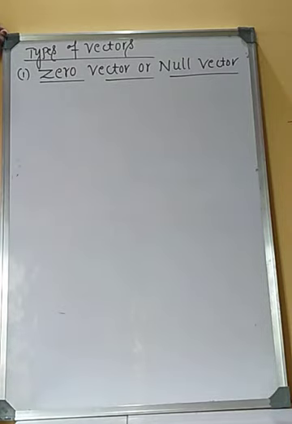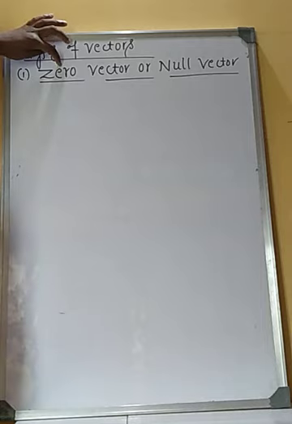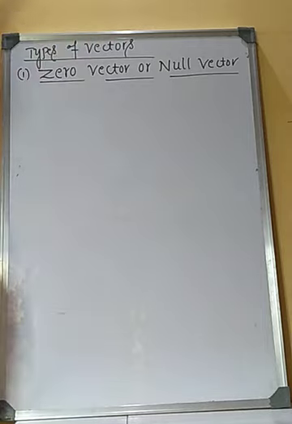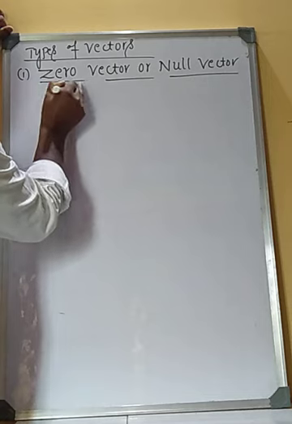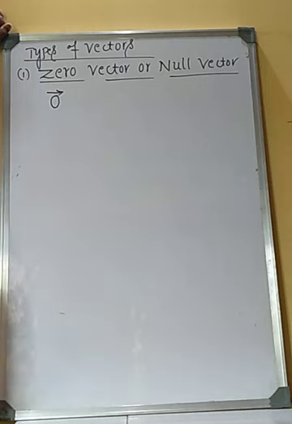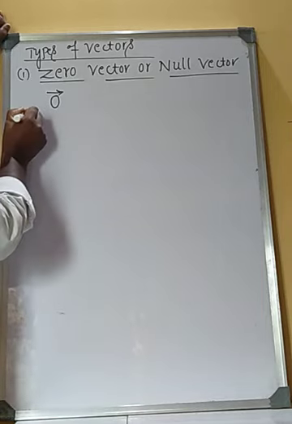A vector whose magnitude is 0 is called a zero vector or null vector, and it is written as zero vector. In a zero vector, the terminal point and initial point coincide.